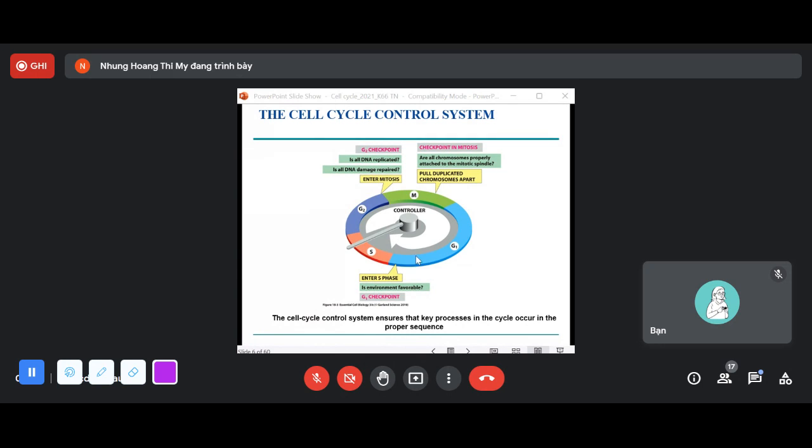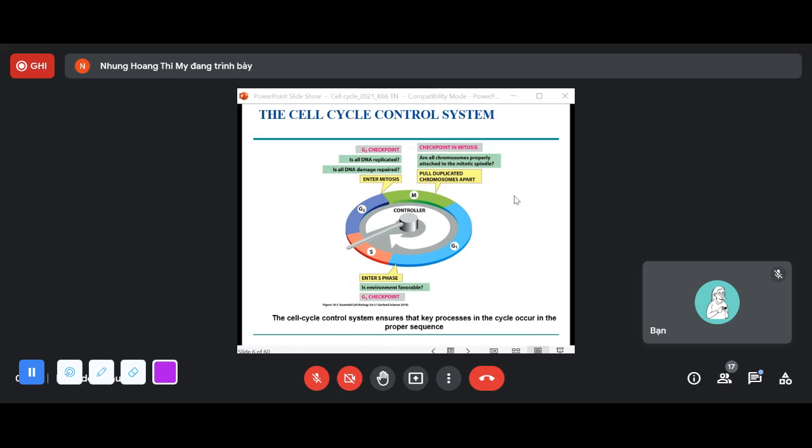That means during the G1 phase, the environment factor is the main cause of the checkpoint on or off. And for the G2, the checkpoint normally turns on if the cell has some mistake in the DNA replication, or if the cell finds some DNA damage, and they need to do the repair. So the two checkpoints will be turned on.